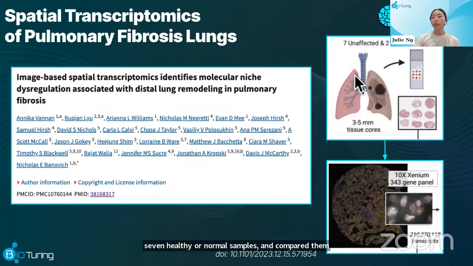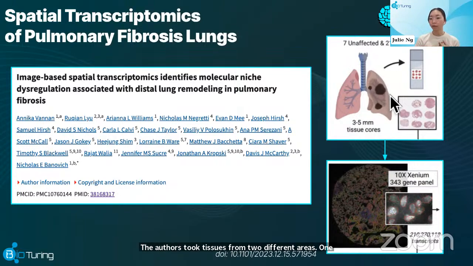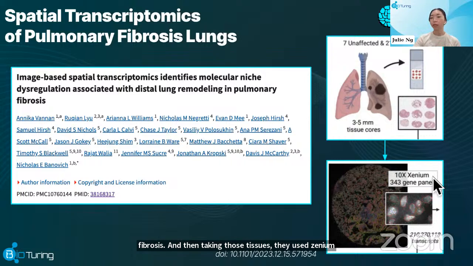On the left-hand side is our healthy sample, and on the right-hand side the authors took tissues from 2 different areas: one area where the tissue was more affected by fibrosis, and another area where the tissue was less affected by fibrosis. Then, taking those tissues, they used Xenium to sequence and spatially image them.